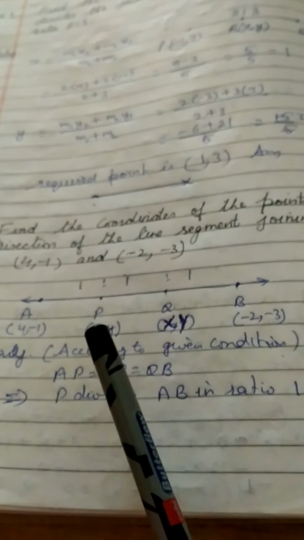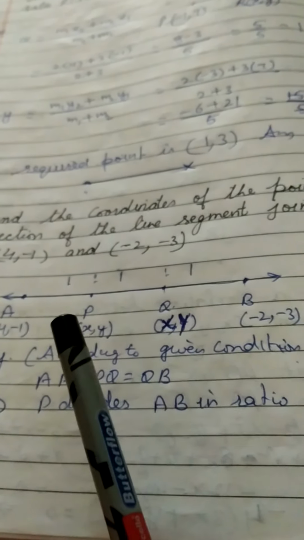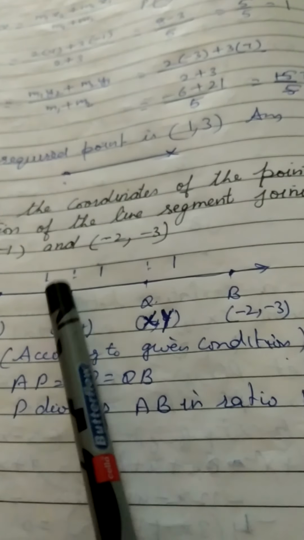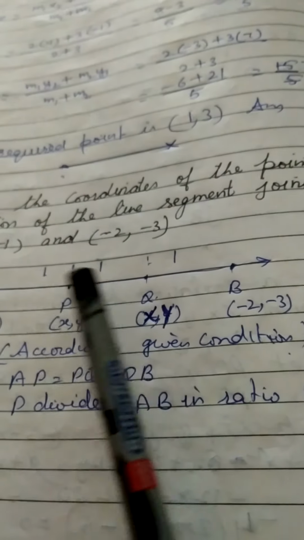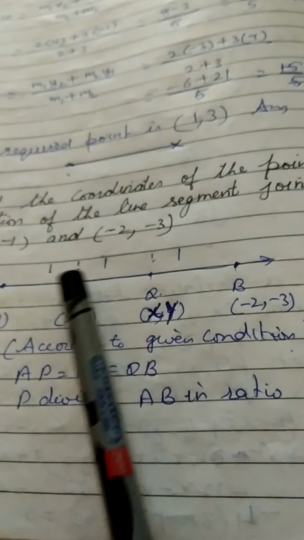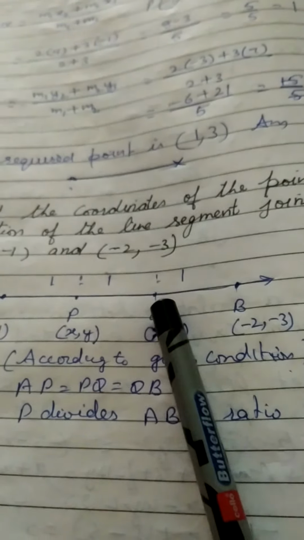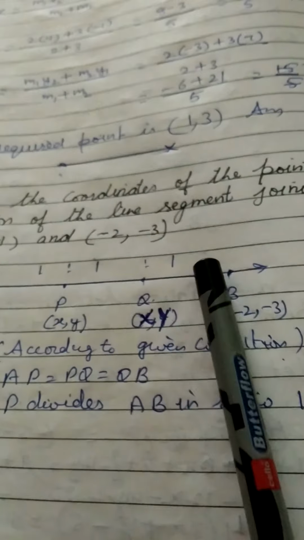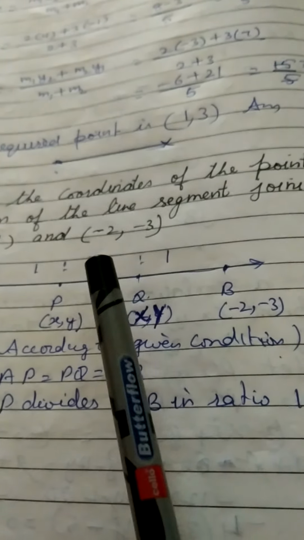Point P is dividing AB in ratio 1:(1 plus 1), that is 1:2. And Q is dividing AB in ratio 2:1.